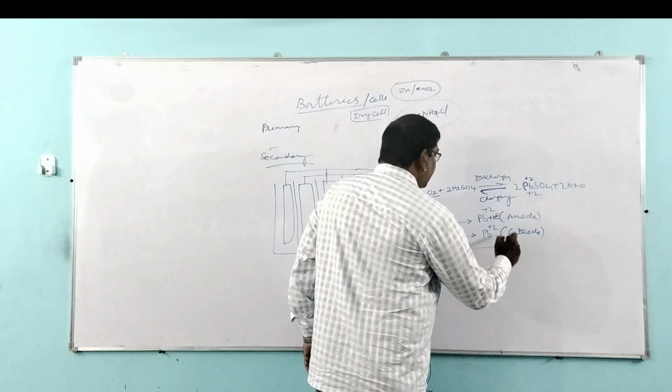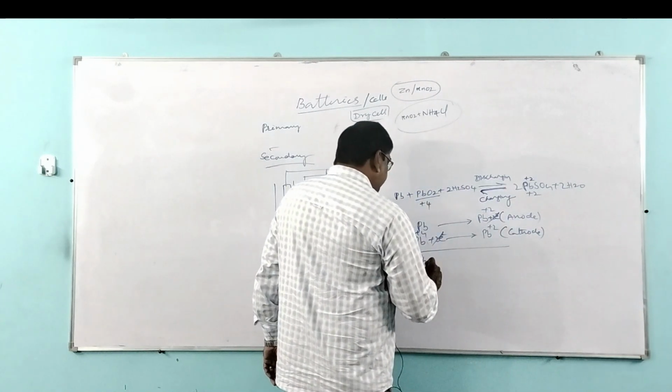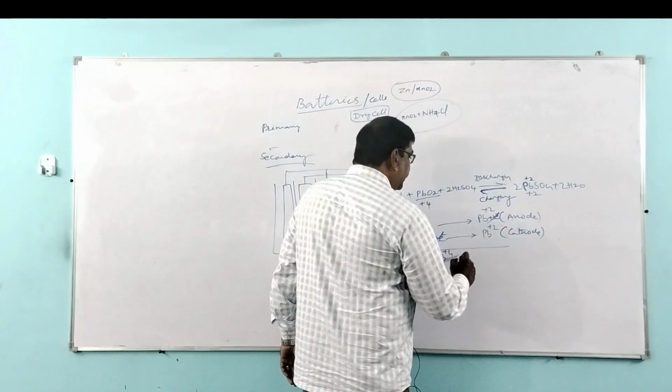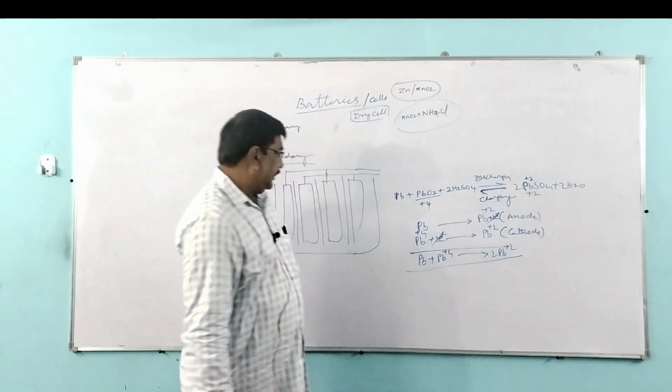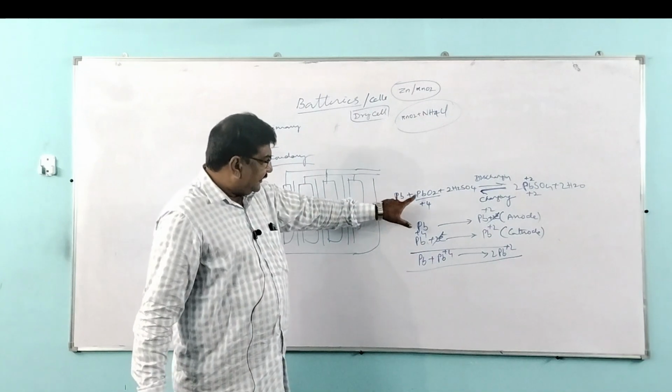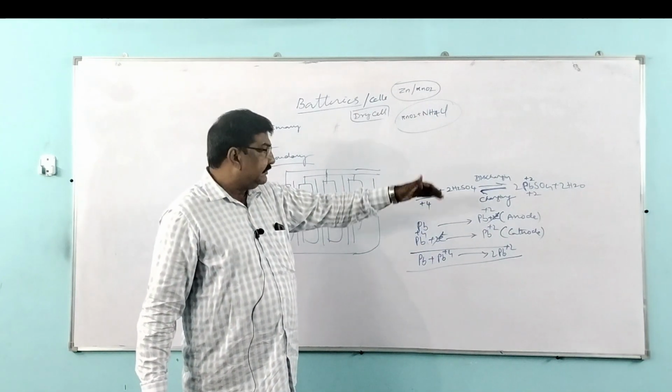The overall reaction will be like this: Pb4+ gives rise to 2Pb2+. So the anode is lead and PbO2 is lead dioxide.